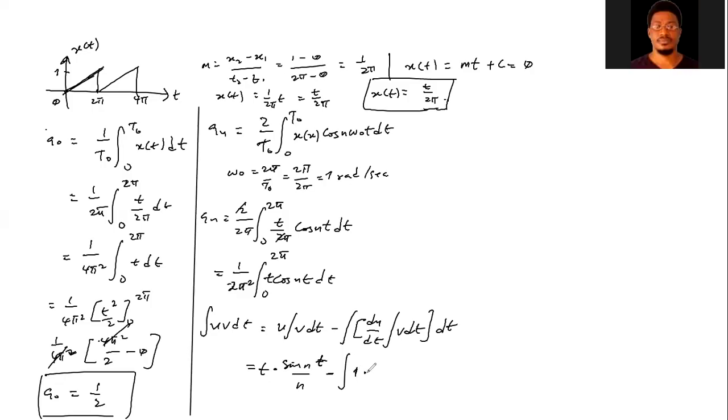That's 1 times, then integrate that, so that will be sine nt over n dt. Okay. And so once we integrate this expression, what do we get? It means this will be negative cos, over n. So that will be n times n, so this becomes n squared.